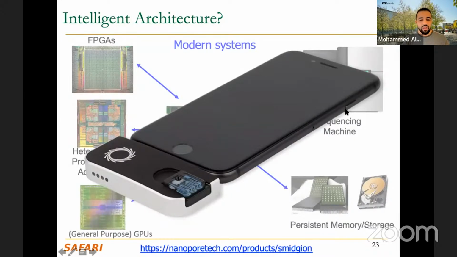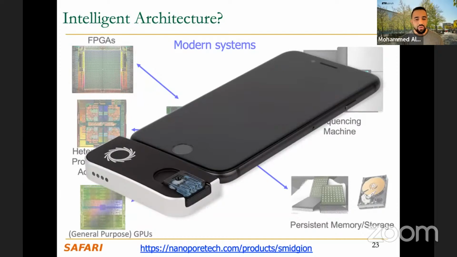Ultimately, we would like to have something like this. This is a real sequencing machine, and this is a real iPhone. If they are attached together, you can do the analysis in a portable fashion. You do the sequencing here, you get the data, and you do the analysis inside the phone or the mobile device, so you can get the results very fast.